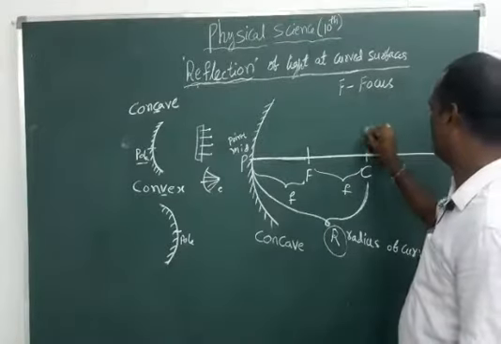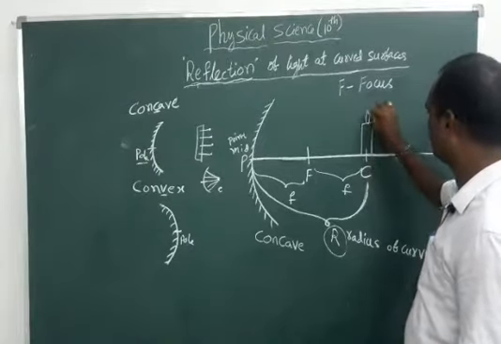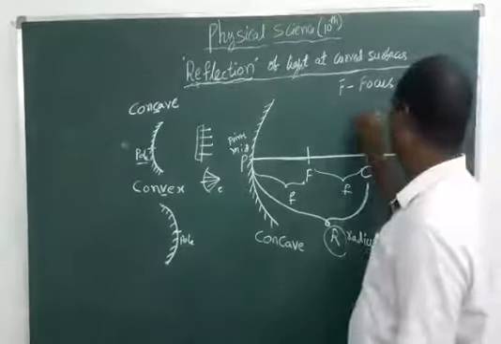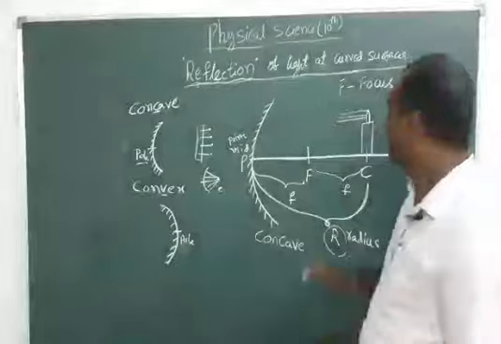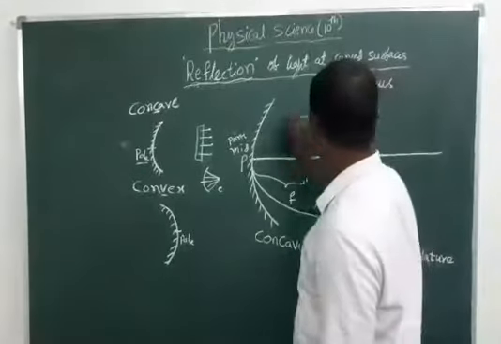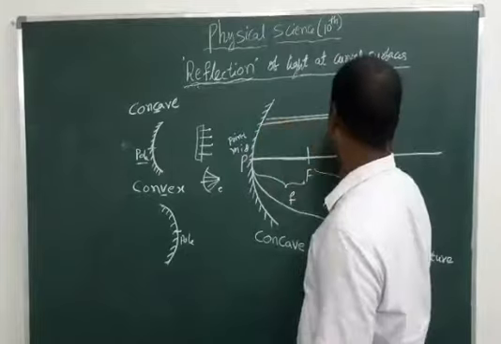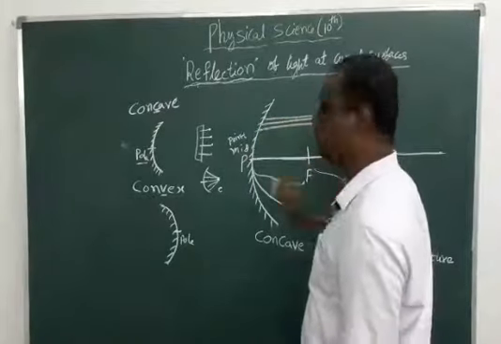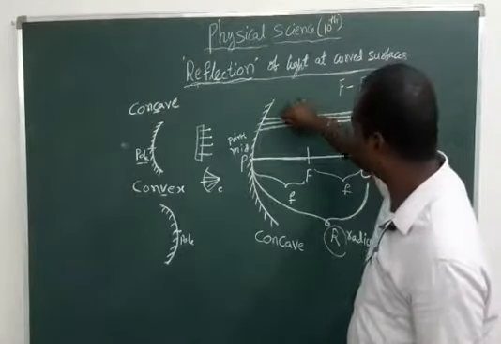For example, if you place a candle at the center of curvature, a number of light rays will come from this candle. These light rays, after being incident on the concave surface, what will happen to them?